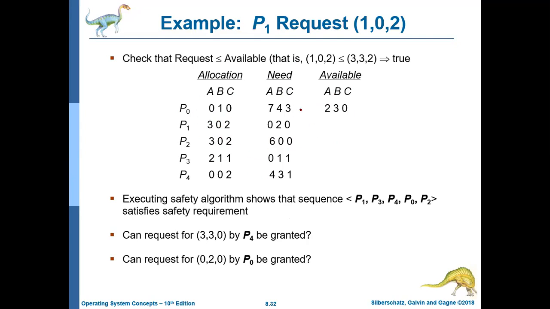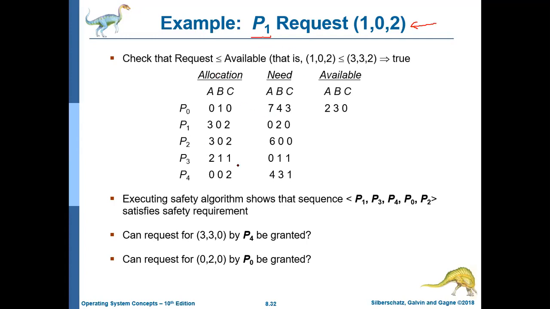If it is a safe state, then you can actually allocate these resources to process P1. If it is not a safe state, you are not going to allocate any resource to P1 because it is not safe.